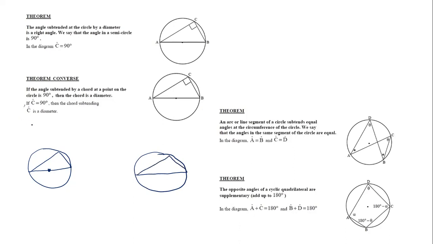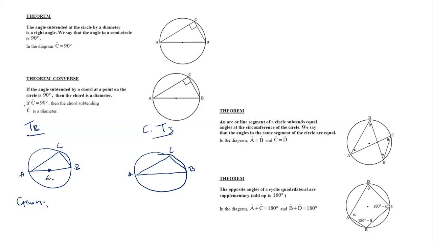So this will be theorem number 3, and this will be the converse of theorem number 3. So here, what is given? Let's label A, B, C.